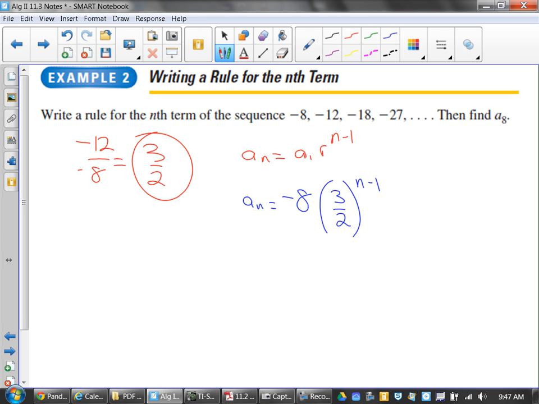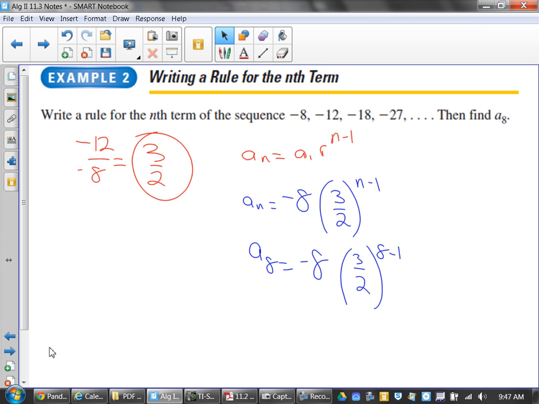Now to figure out what the 8th term is, you just substitute in 8 into n. Now, again, you could type this directly in your calculator like that. I'll show you.